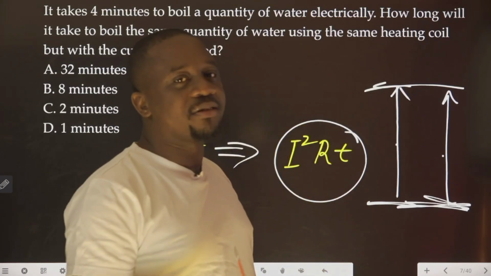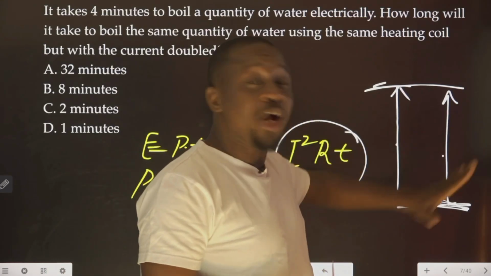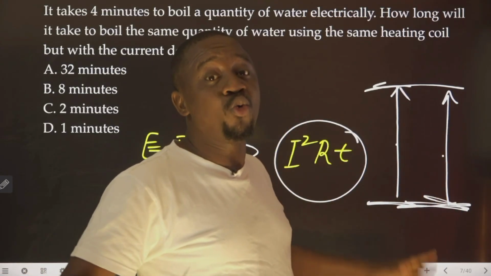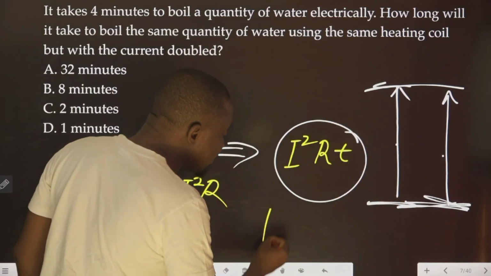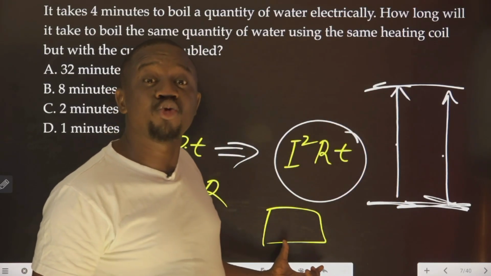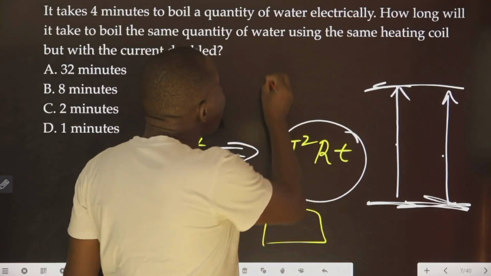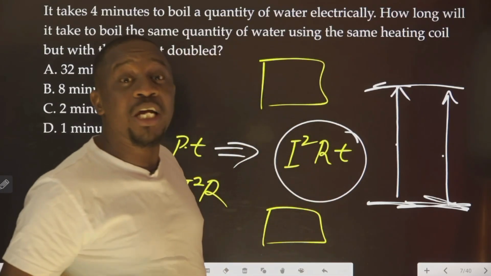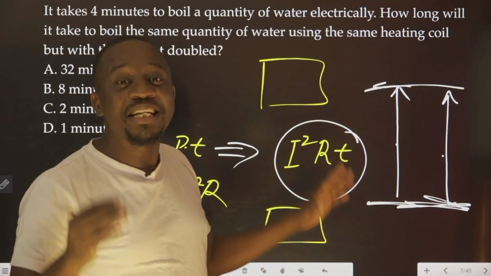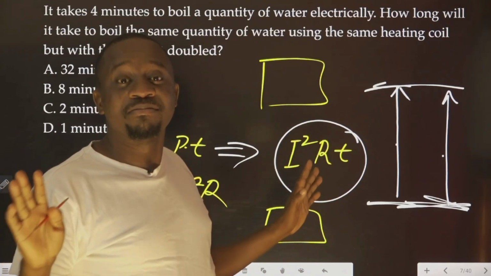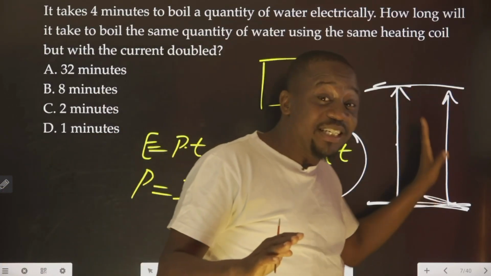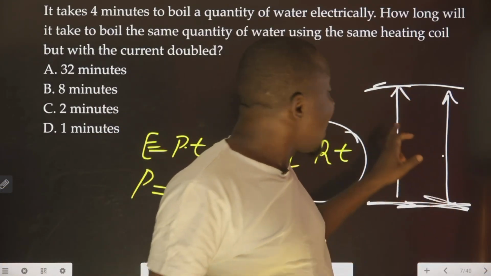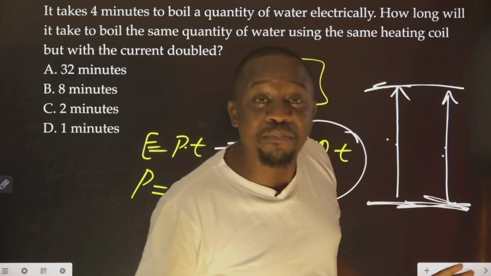We don't care to know about the time. It's like saying you have a feed, 20 people should clear it, or the same feed, 100 people should clear it. At the end of the day, the feed is cleared. The same thing, at the end of the day, you boil the water. So the energy here and the energy here are the same.